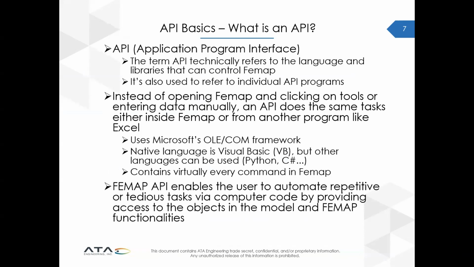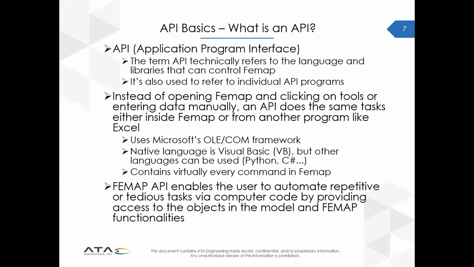The API uses Microsoft's framework for communicating between applications, and the native language is Visual Basic, but really you can use a lot of other languages. Python, C# are pretty common, as is Visual Basic.NET and other varieties. And the API contains pretty much every command that's available in Femap.